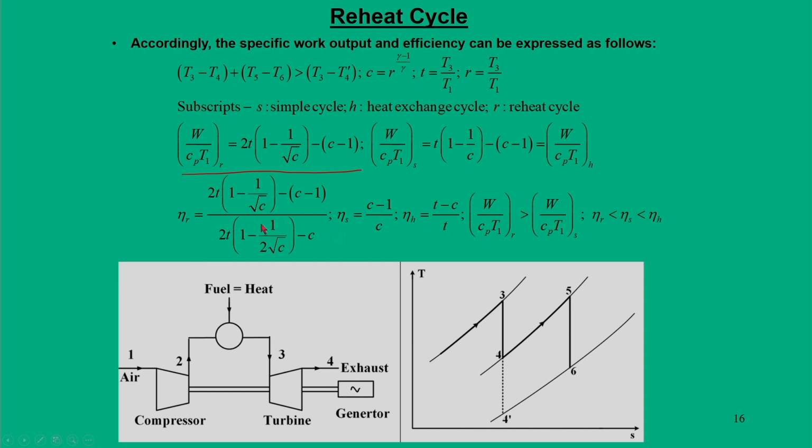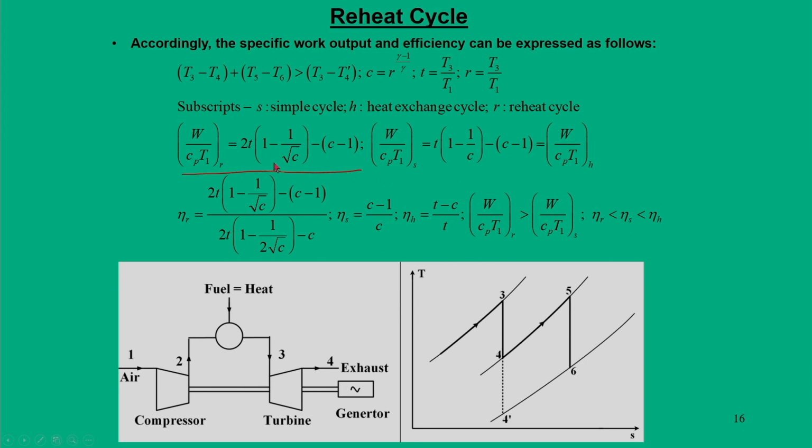Okay. Here we have shown three expressions. One is the reheat cycle efficiency, second is the simple cycle, and third is the heat exchange cycle. It can be shown that the reheat cycle efficiency is the least, and the heat exchange cycle efficiency is the highest, by looking at these expressions.